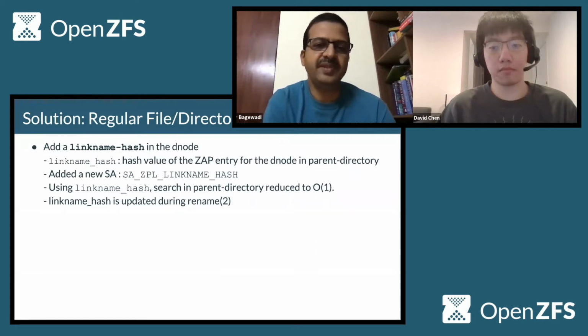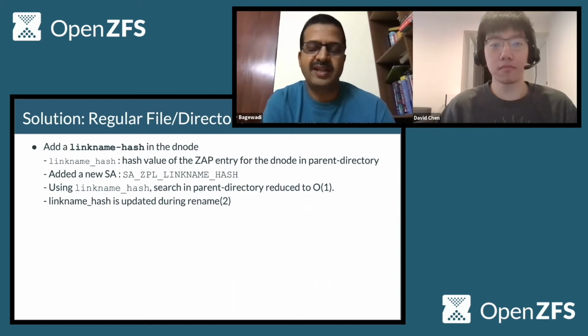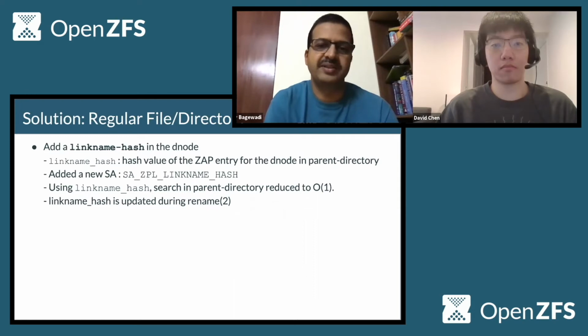So that's where the reverse name lookup becomes a problem, because you're doing a sequential search. The way we try to address this is when you add an entry to the ZAP, we compute the hash, so we know the hash value when we are adding it. So we picked up that hash and added it to the dnode.